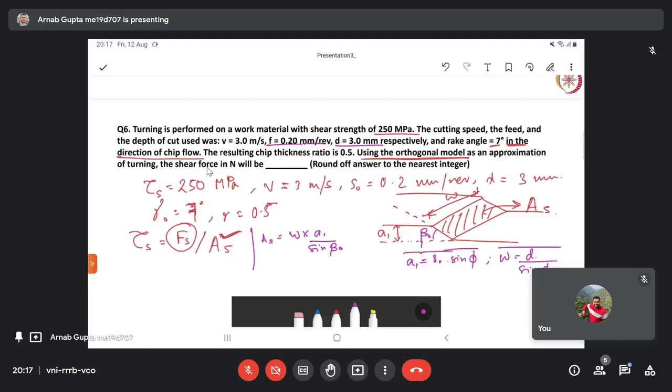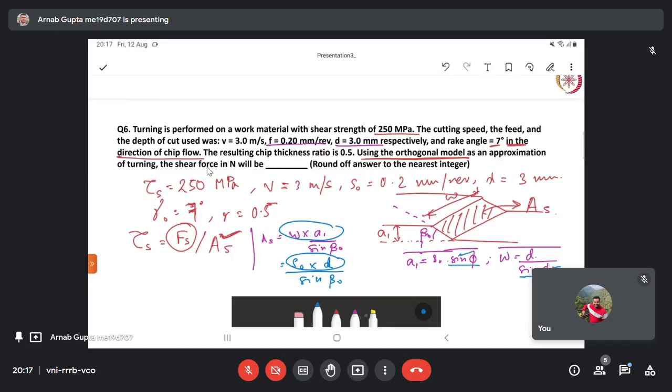It's easy, or you can directly remember it in this form. This product will not have the effect of sine phi. So you can directly write this as S naught into D, that is depth of cut, divided by sine beta. So this W into A1 is the same as S naught into D, because the sine phi will get cancelled out.